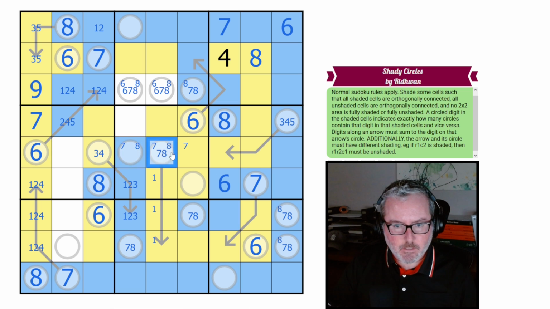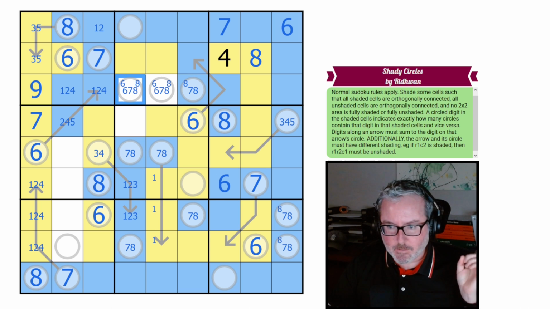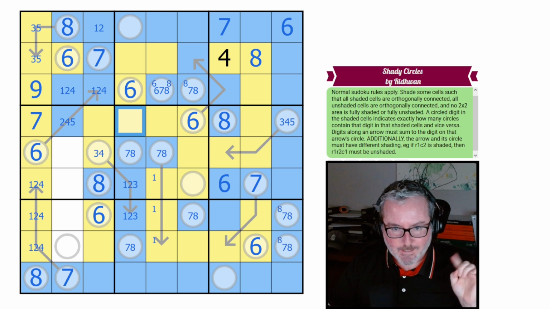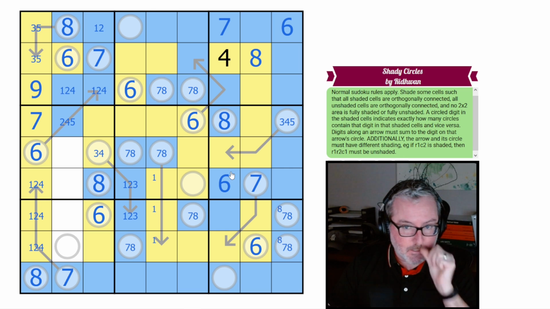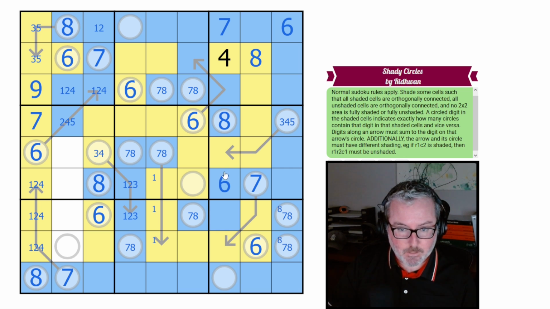We know this is the 7-8 pair because we had to have both the 7 and 8 in blue, so we can get rid of these markings like that. Now we've got a 7-8 pair that gives us our 6, and this is the yellow, this is the blue. This has to get out there. Okay. Whew, we're getting through it. Like I said, it's taken some time to do this, but we are getting through it, so that's good.